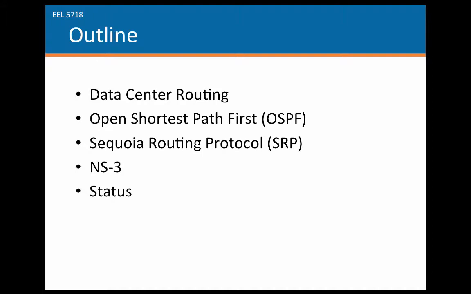Jake's going to talk about the Sequoia routing protocol, which is the protocol proposed by the authors of the paper, and how it's an improvement over OSPF. Kevin is going to talk a little bit about NS3, which is the simulator we are using to validate and compare both protocols. And then a quick status of where we are in regards to the project.